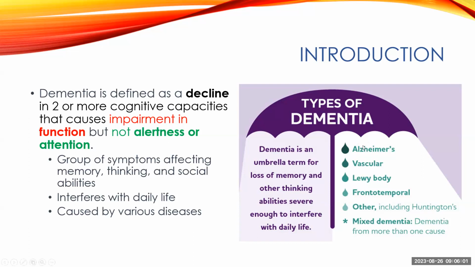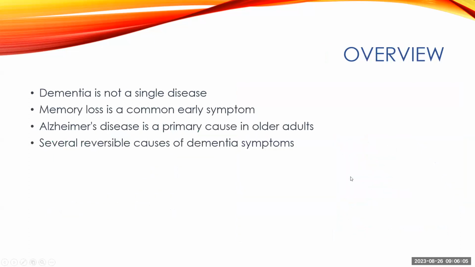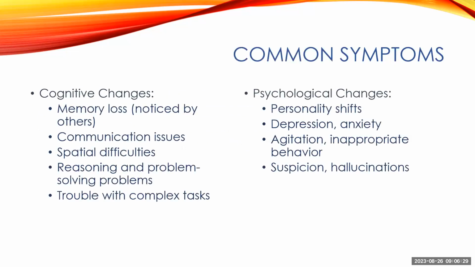It includes several conditions that we're going to talk about later on. Even though memory loss is a common symptom and Alzheimer's is the primary cause of this group of conditions, we still have many other conditions we need to pay attention to.